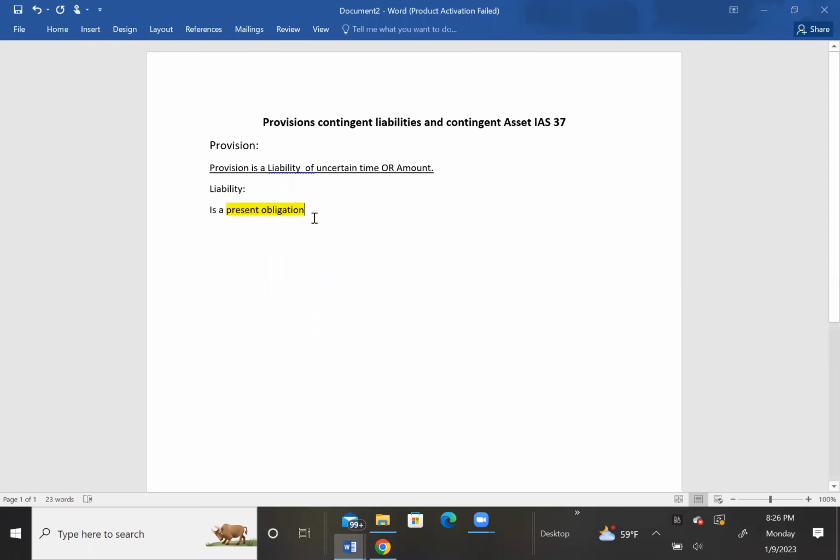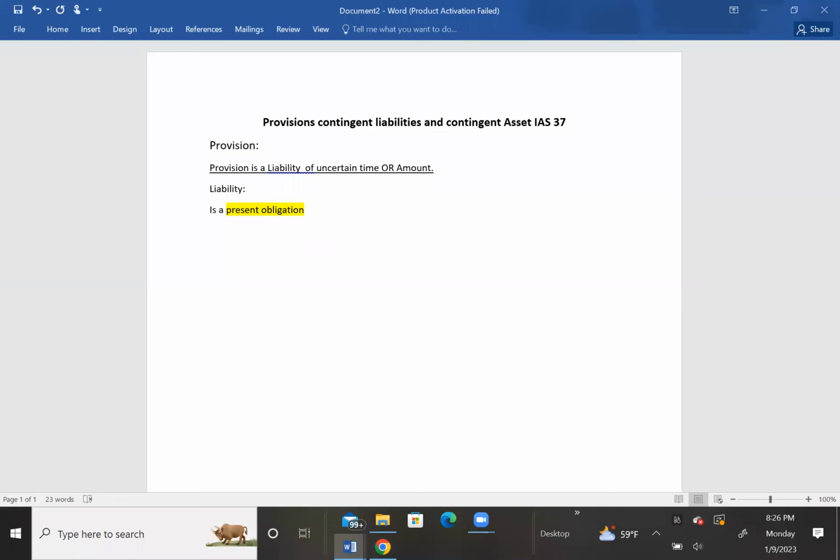I'm coloring that word, present obligation. Present obligation means that there is no alternative. We have to fulfill our obligation. That is the meaning of present obligation. We have to fulfill the obligation.